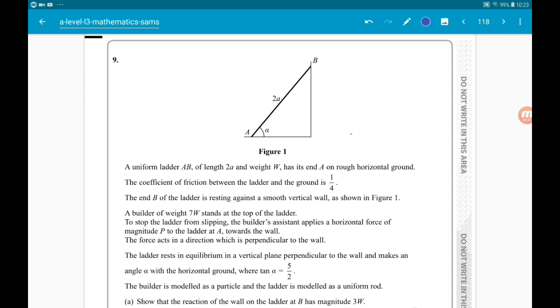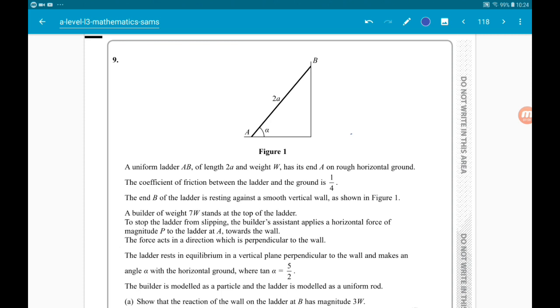A builder of weight 7W stands at the top of the ladder. To stop the ladder from slipping, the builder's assistant applies a horizontal force of magnitude P to the ladder at A towards the wall. The force acts in a direction which is perpendicular to the wall.